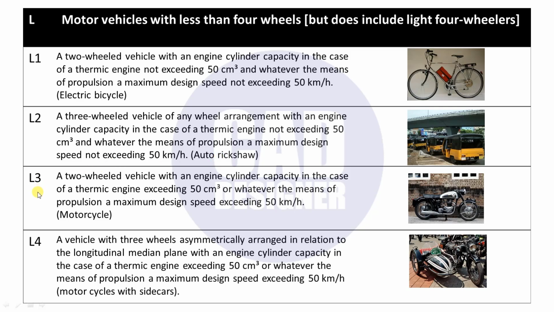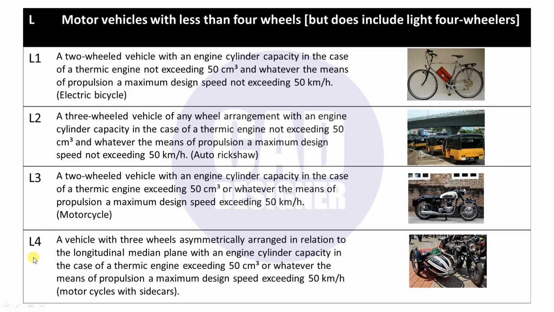Then L3: a two wheeled vehicle whose engine cylinder capacity exceeds 50 cm³ and speed also exceeds 50 kilometers per hour. The example is our motorcycle.